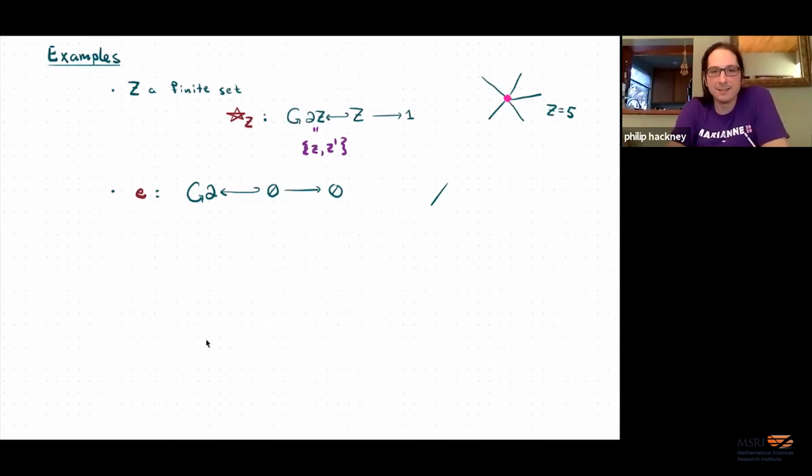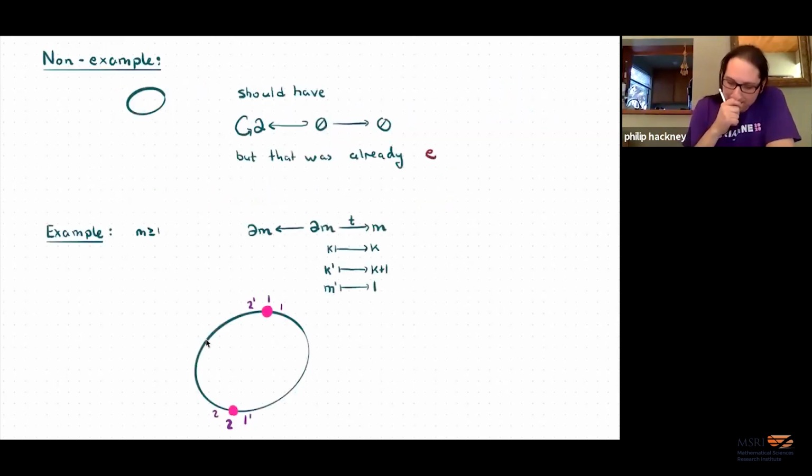Another example is this free living edge E, which has 1 edge, so it's going to have 2 arcs, and it doesn't have any vertices, so the diagram would look like this. And here I should emphasize that we have 2 boundary components, and that's how we're thinking about those. An unfortunate thing is that the circle is no longer an example.